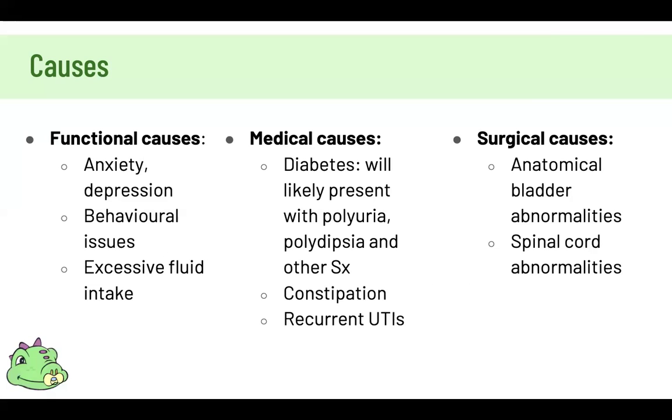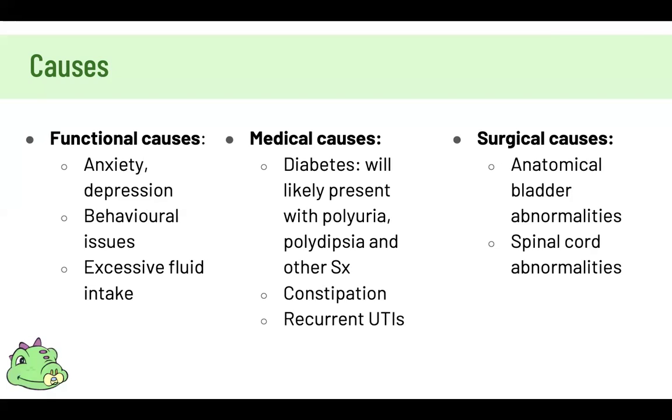So obviously diabetes would be more likely to present with more systemic symptoms, so polyuria, polydipsia, as well as your other general symptoms of diabetes. And constipation would cause some sort of outflow obstruction and lead to a type of overflow incontinence, essentially.